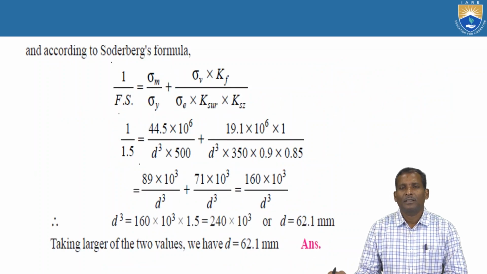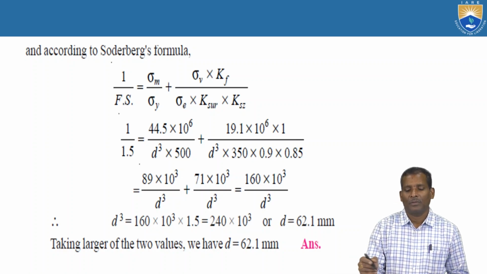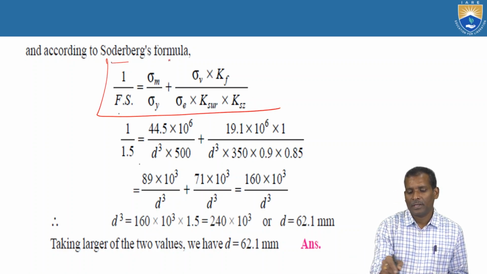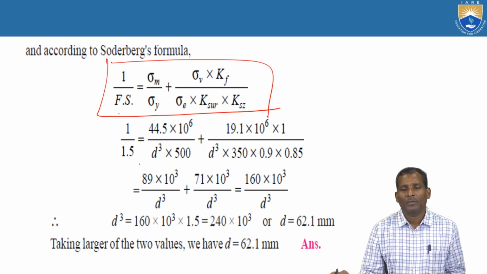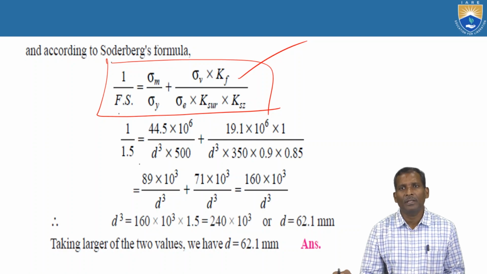Now apply the Soderberg formula. According to Soderberg formula, once again write down this formula: 1 by factor of safety is equal to sigma m by sigma y plus sigma v by sigma e, and multiply with the given factors.